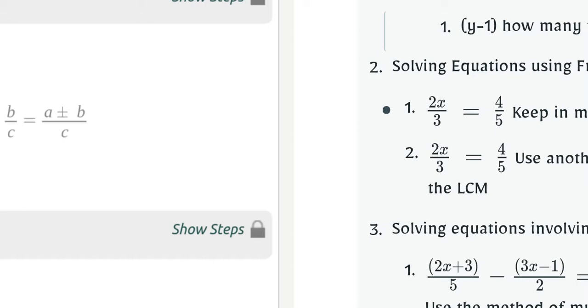And then under that, we'd have 2x equals 12 divided by 5. And then x equals 12 over 5 divided by 2. And then under that, x equals 6 over 5, or 1 1/5.